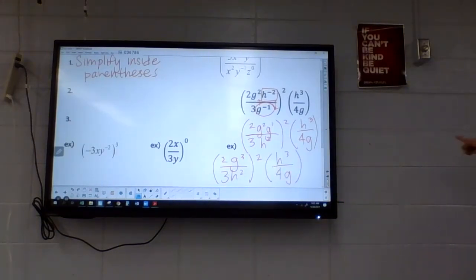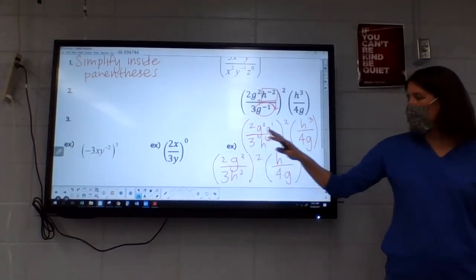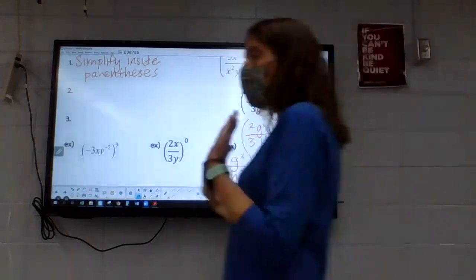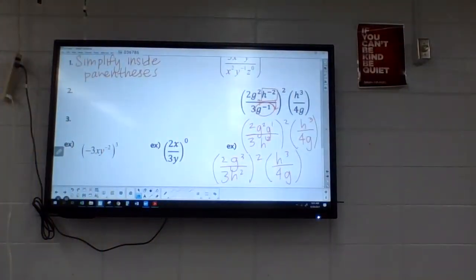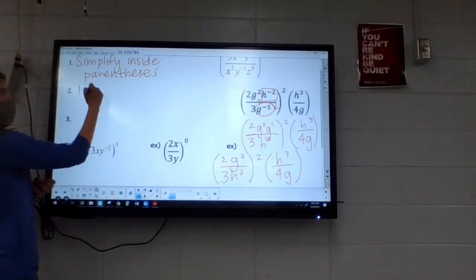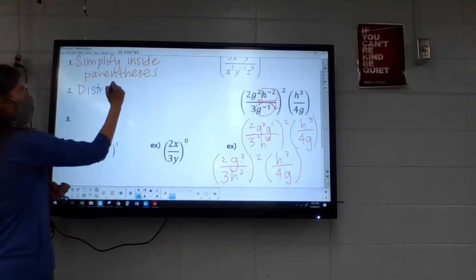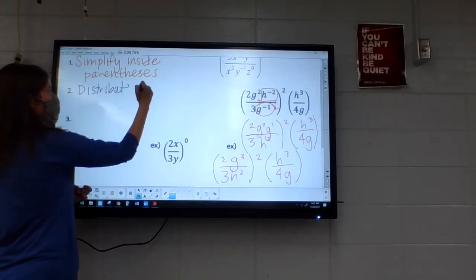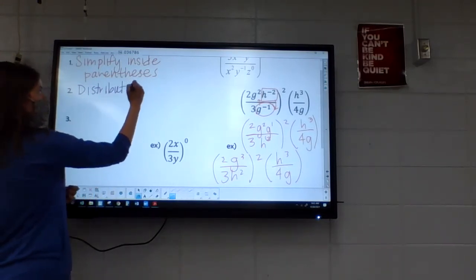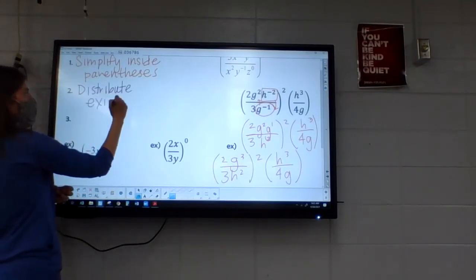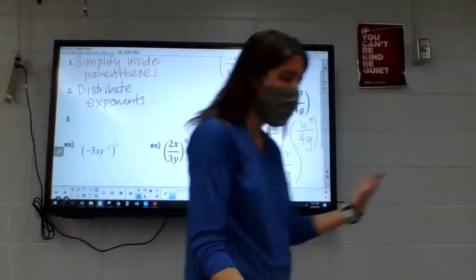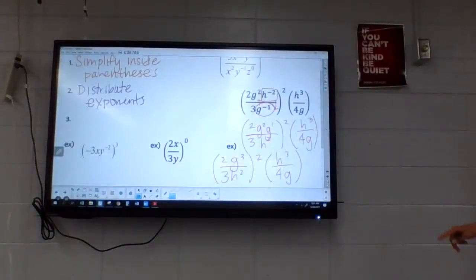So I just simplified it down to a single G and H inside the parentheses. So that's my first suggestion. Once I do that, if there's distributing I need to do, I'm going to do that next. So distribute an exponent. If there aren't exponents, you obviously don't have to worry about that.